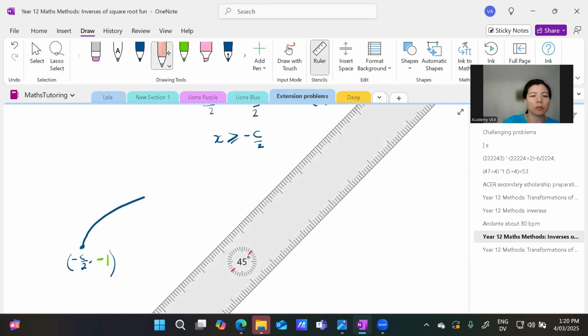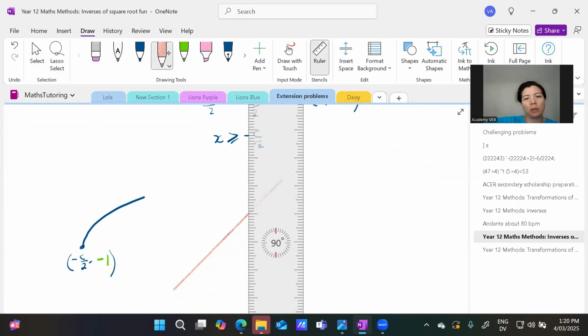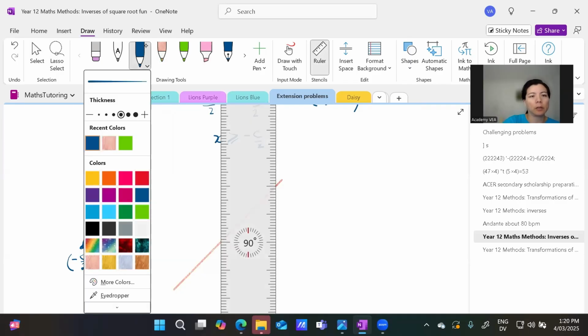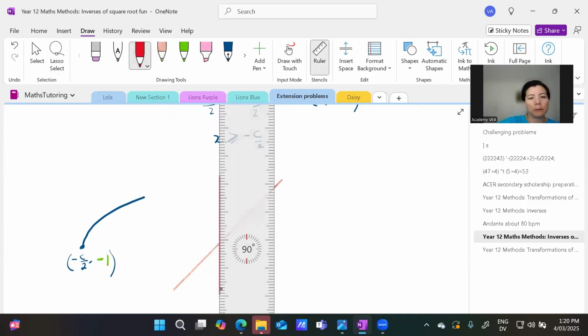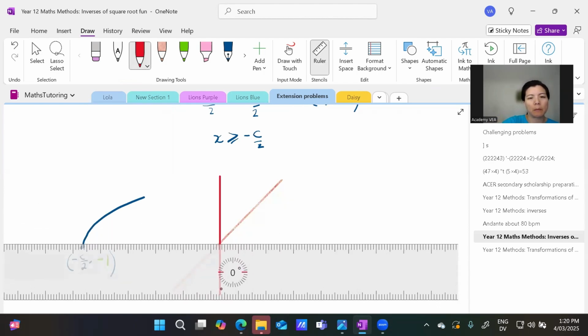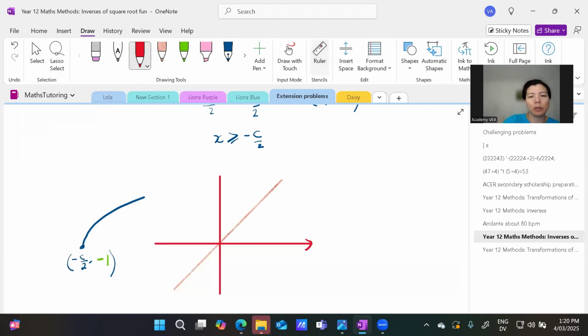So here's my y equals x line, and I'm going to put in my y-axis and x-axis. I like red, so let's do that. And here it is in its basic form. So we've got our x-axis, y-axis, and the y equals x line, our line of symmetry.